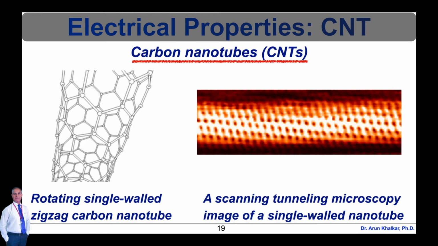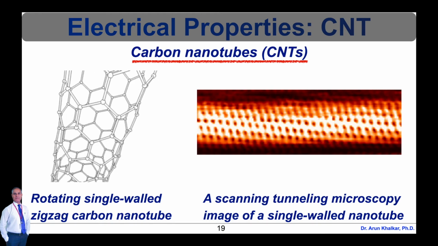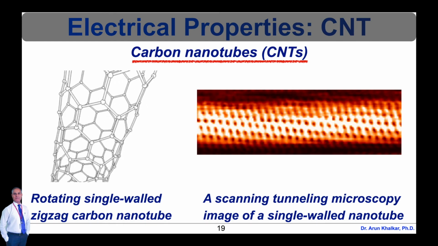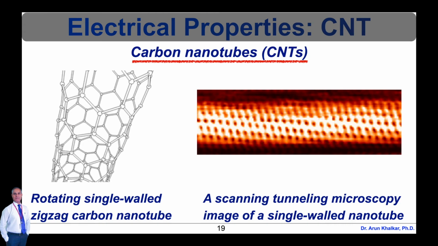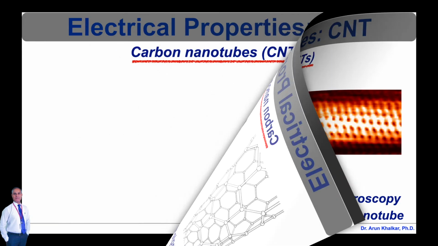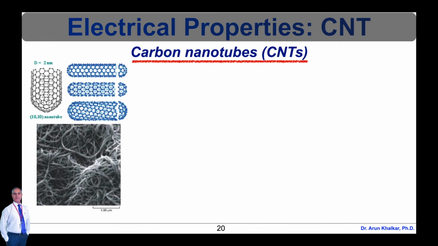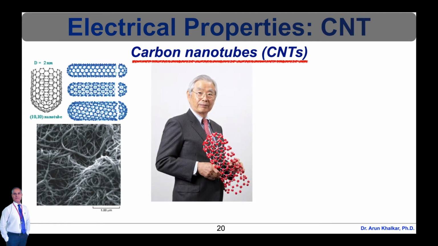A rotating single-walled zigzag carbon nanotube is shown in this animated figure, and this is a scanning tunneling microscopy image of a single-walled carbon nanotube. Carbon nanotubes often refers to single-walled carbon nanotubes, that is SWCNTs, with diameters in the range of a nanometer. They were discovered independently in 1993 by Professor Sumio Iijima and Professor Ichihashi.